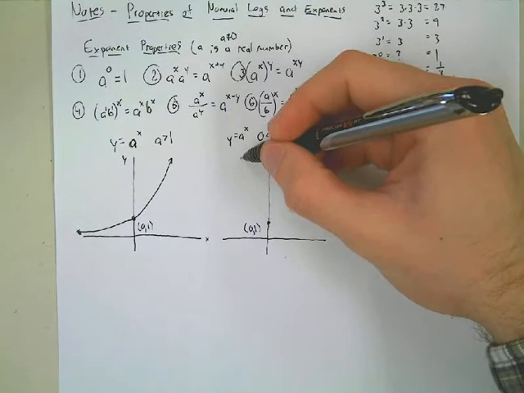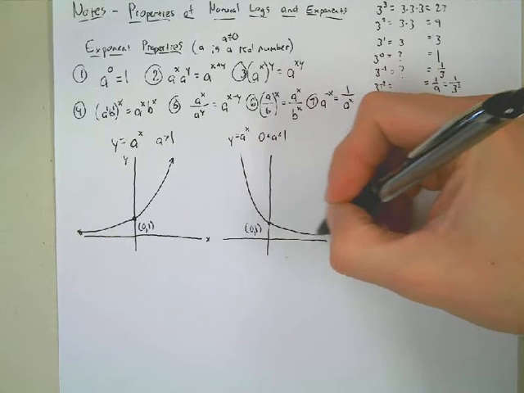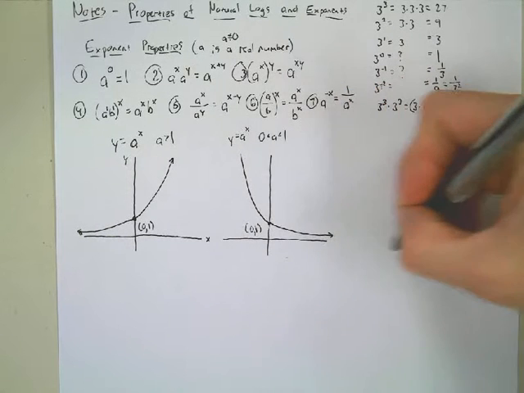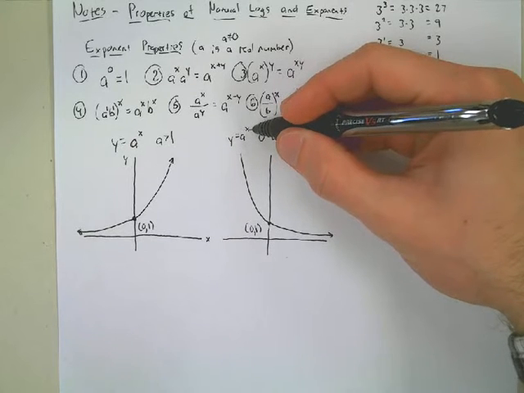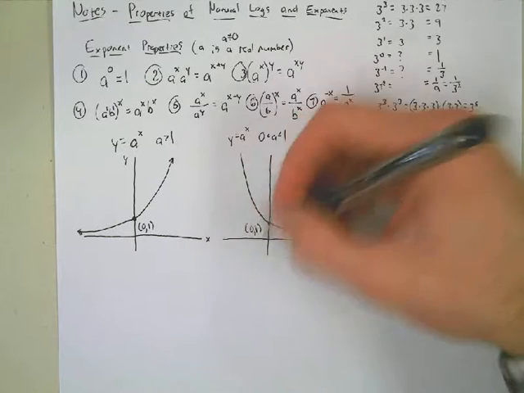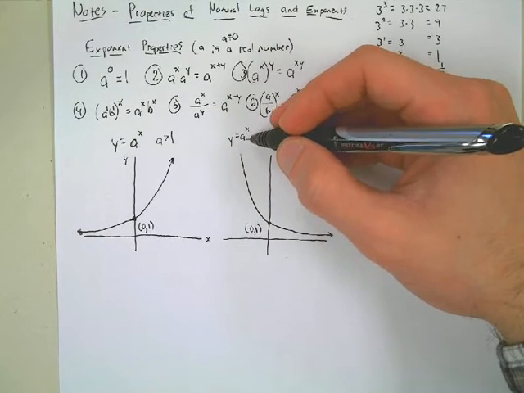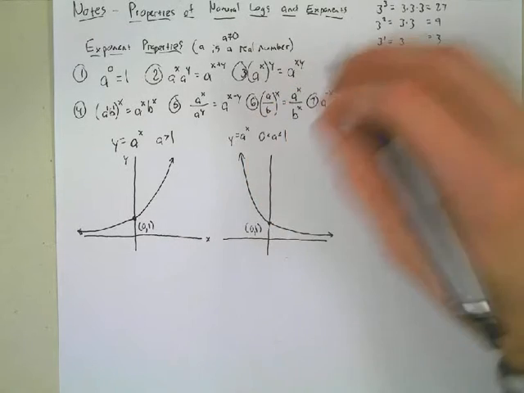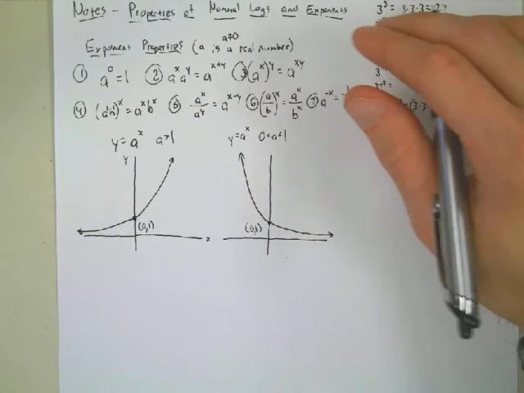So it's going to go down like this. The idea being here that as we use larger and larger x values, this 1/2 raised to like the 100th is going to get teeny tiny, right? But whereas when you use negative values, that becomes then 1 over that fraction, which then it's going to get bigger and bigger and bigger. So it makes it kind of flip like that. Okay? So that's the idea.